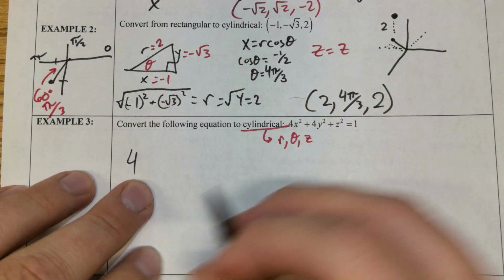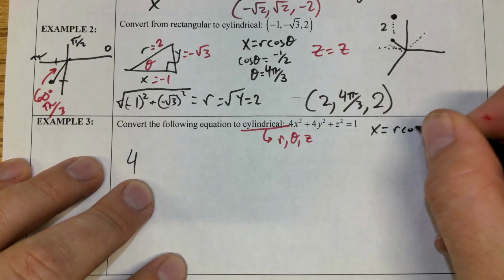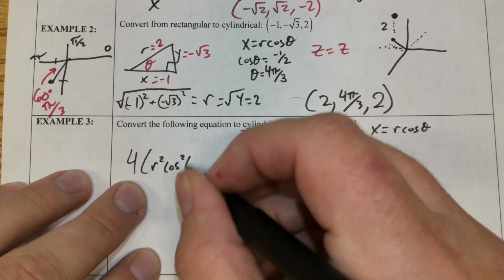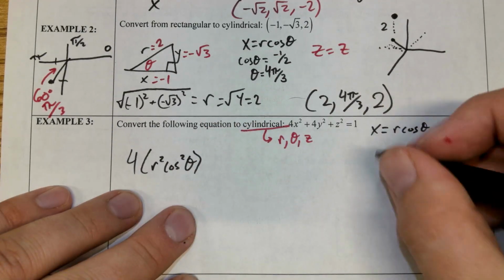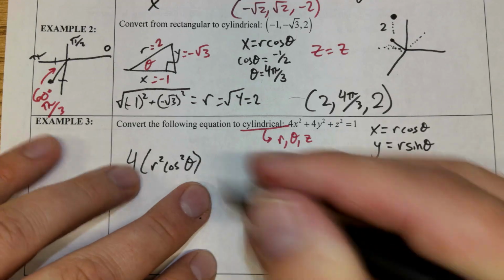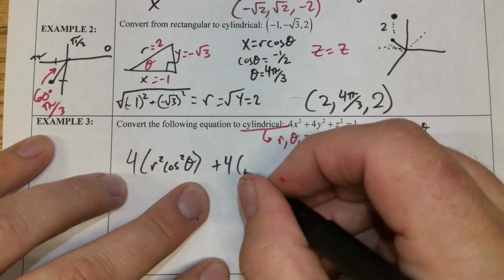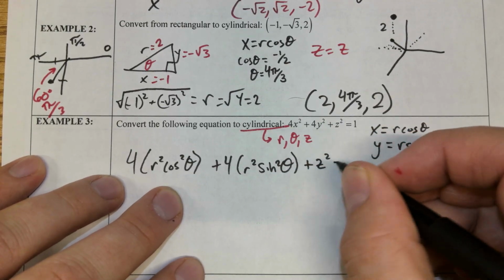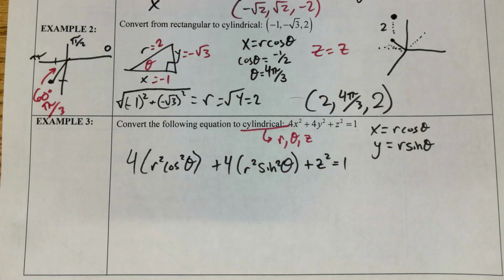Instead of 4x squared, I know that x is r cos theta. Anywhere I see a y squared, I should have r sine theta. And so I do just that. This becomes plus 4 r squared sine squared theta. And z, again, is unchanged.